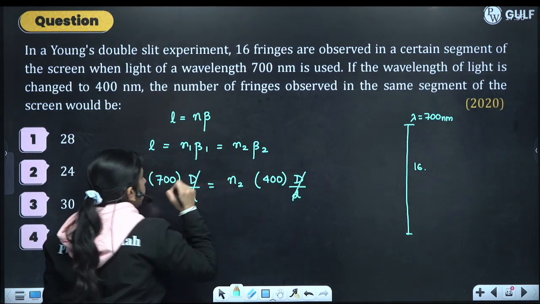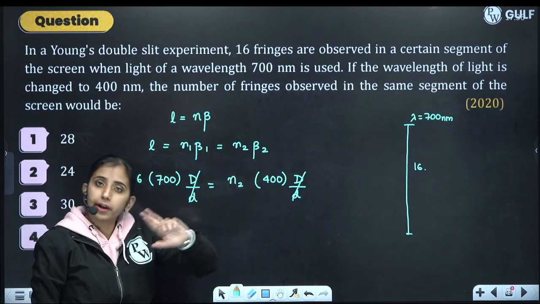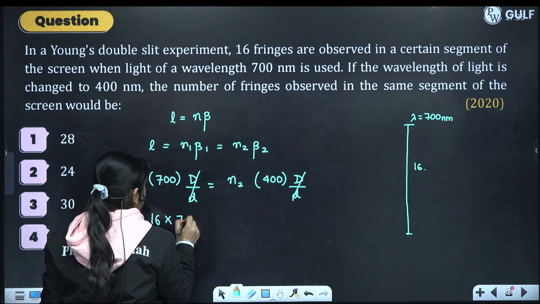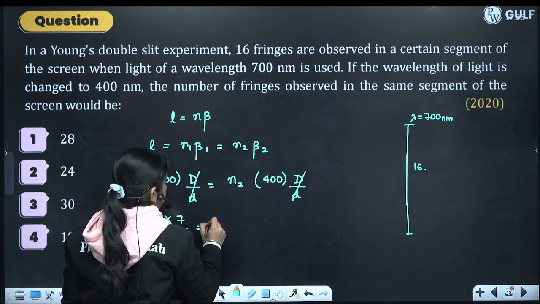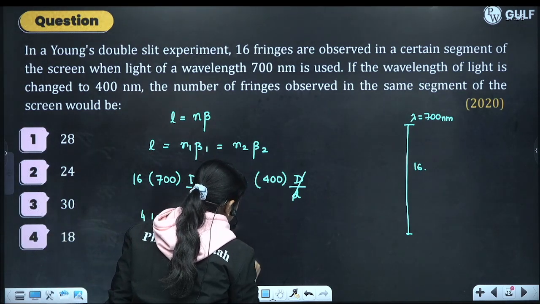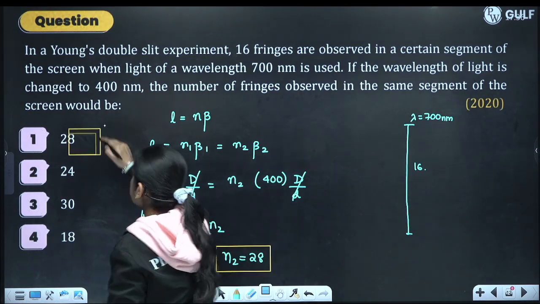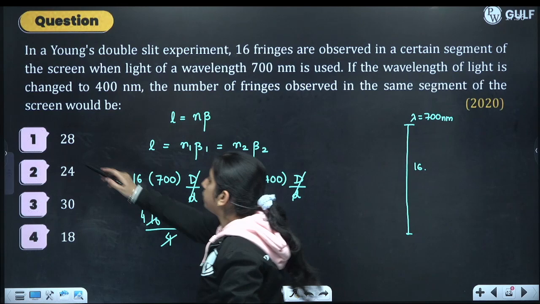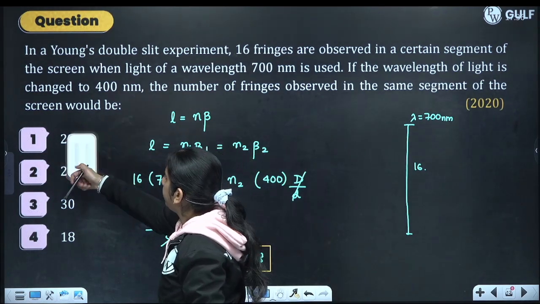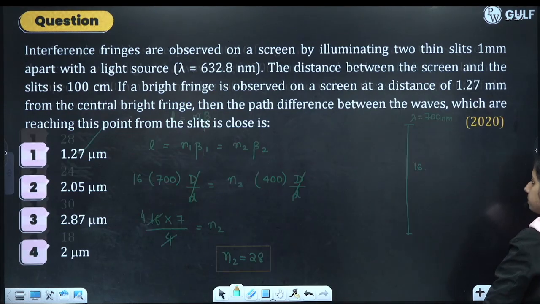This D by d will get cancelled, so we can use the result N1 lambda 1 equals N2 lambda 2. From here we get 16 into 7 by 4 is equal to N2, so N2 is 28. So 28 fringes will occupy the same length, and this will be the answer.